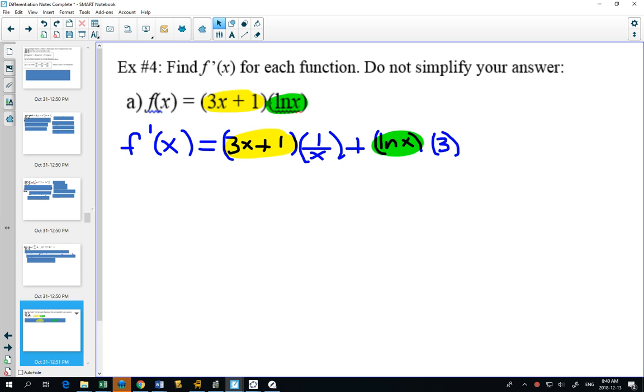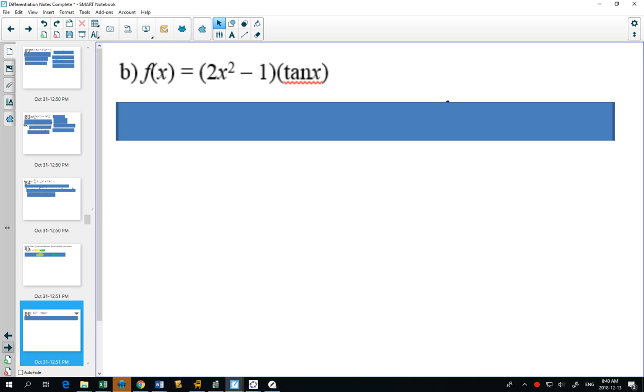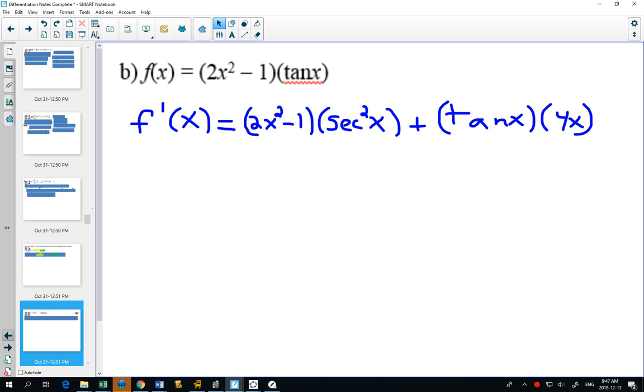So I want you to try the next two, just as a warm-up to help us review the product rule, and some of our new functions that we found derivatives for, like what's the derivative of tan? All right, so if you want to check B and C, I'll put them up here as well.